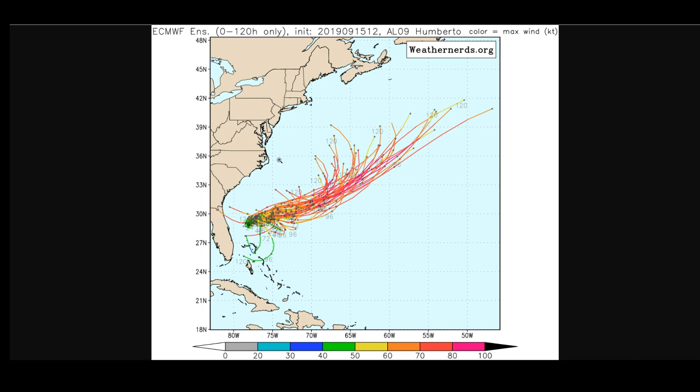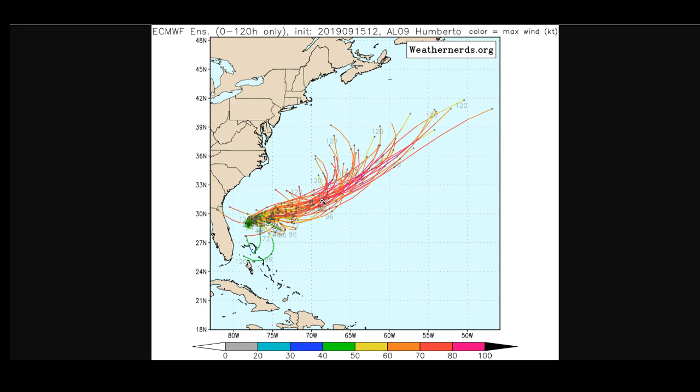This is the European ensembles through 120 hours. You can see some of these runs have it turning back towards the eastern United States, and some even have it looping around here and never really getting going to the east.